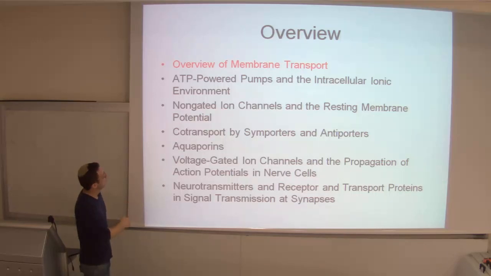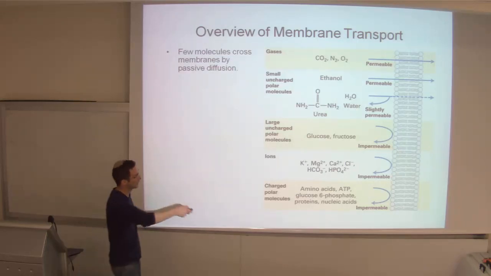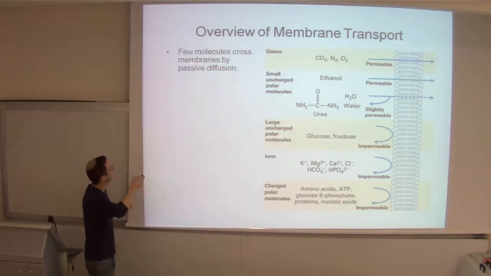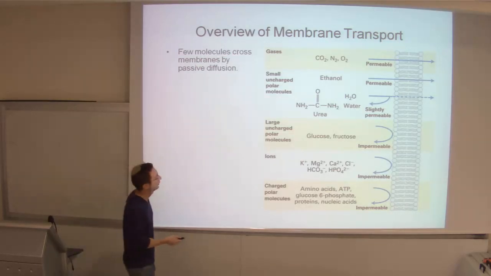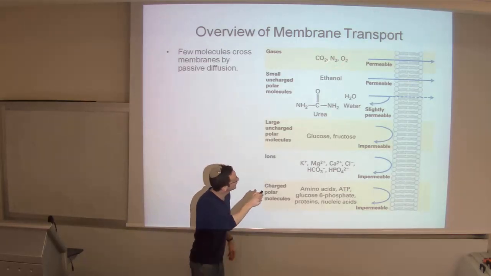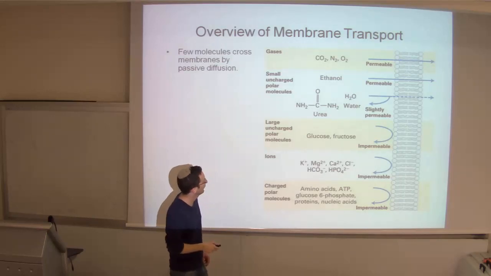Okay, so let's start with the overview. This is the plasma membrane. There are just a few molecules that can cross this membrane in a passive manner without any transporter. These are the small gases, which are permeable to the membrane.